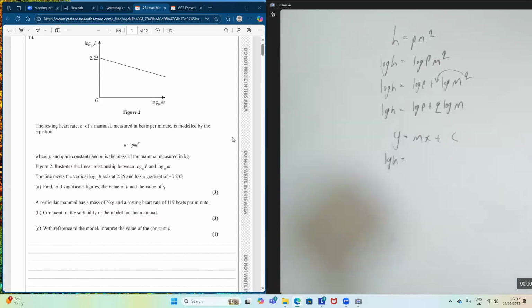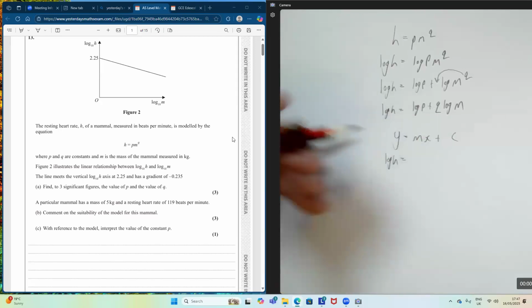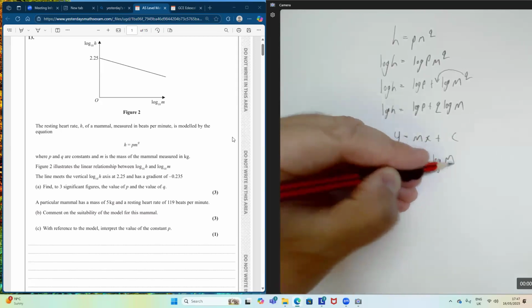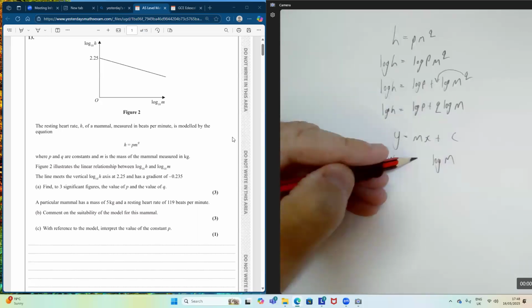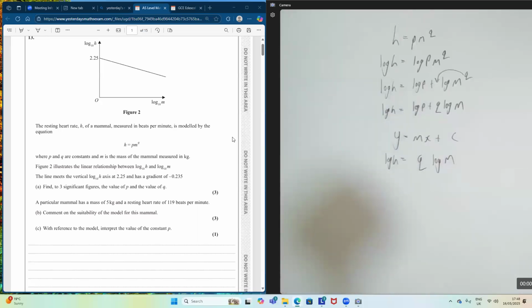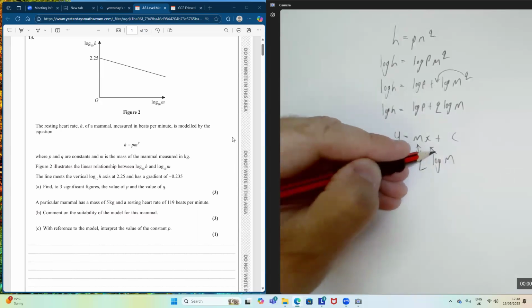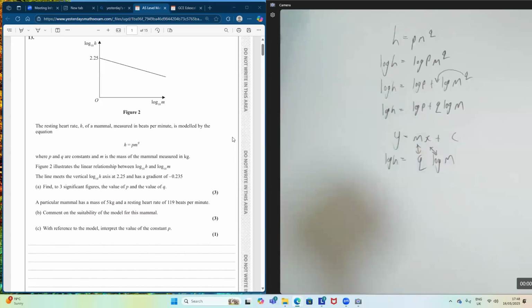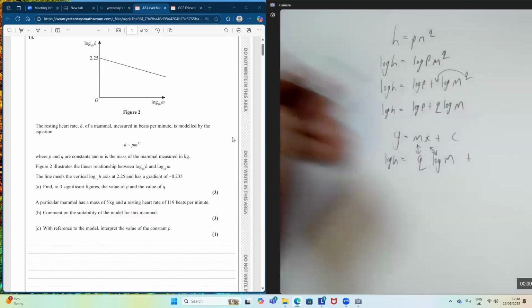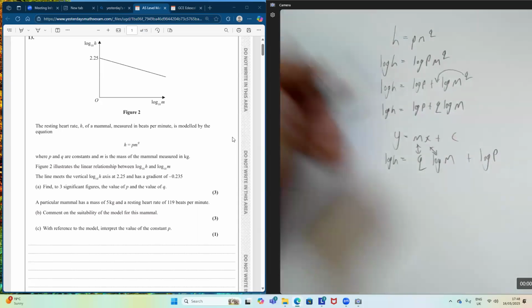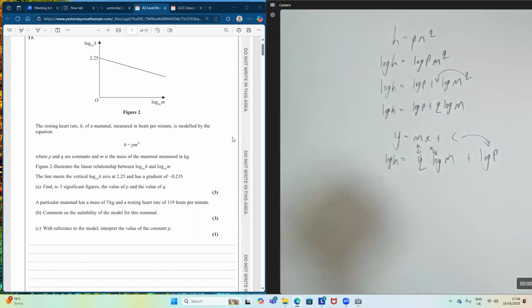So log m is going to be my x, which means that q is my m. So that's how I've decided which part is the m and which part is the x, by looking at the graph for a visual clue of what is on the x-axis. And then log to base 10 of p is my y-intercept.